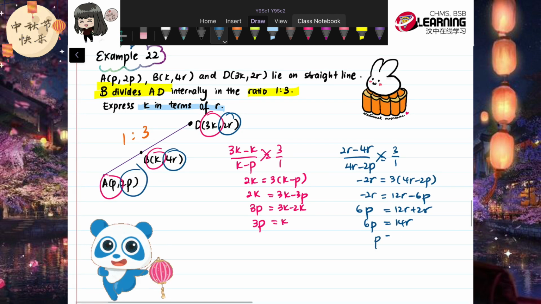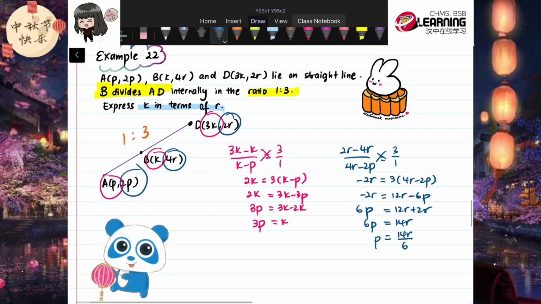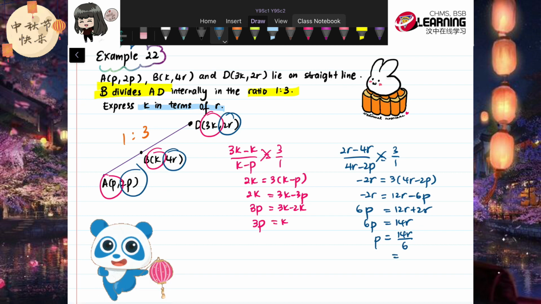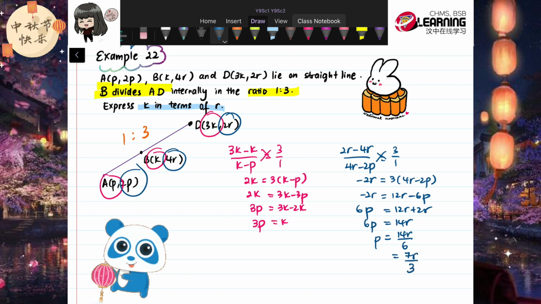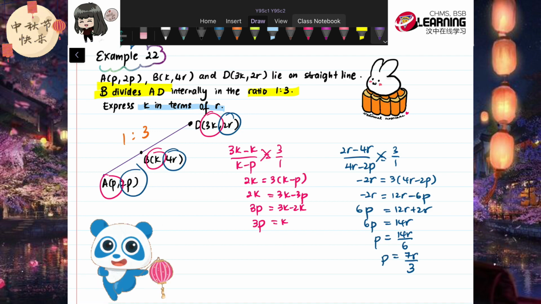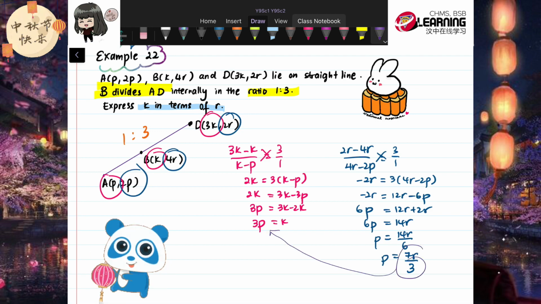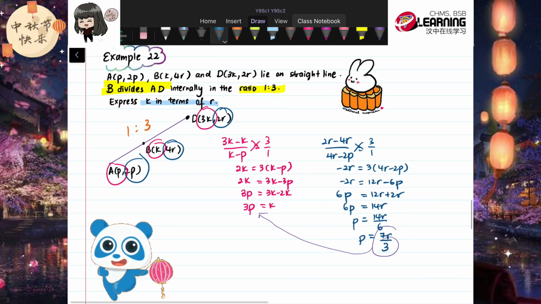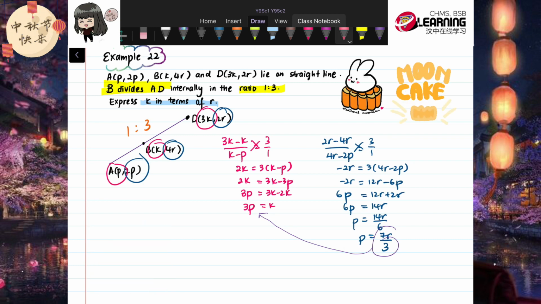See what happens. If we make p as subject, this will become 7r over 3. Then we can sub this into the p here and see what happens. Okay, so 7r over 3 equals to k.